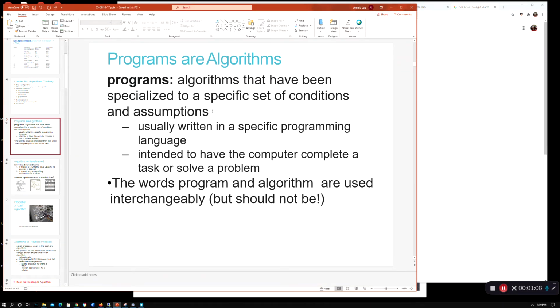So you have these ingredients, you do this sequence of events, mix them together, set up the cake, put it in the oven, make sure the oven's preheated, all that kind of stuff. So there's your algorithm, and then how you actually execute it would be a program, okay?